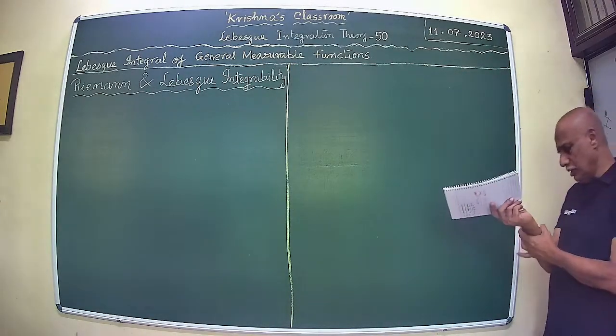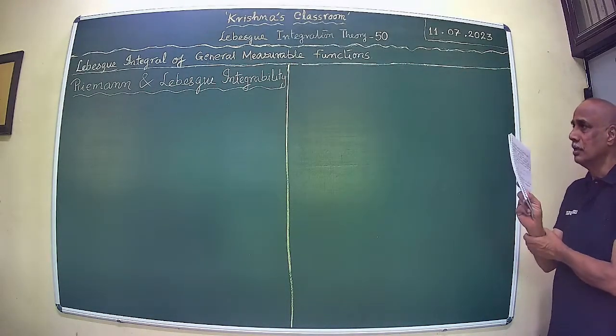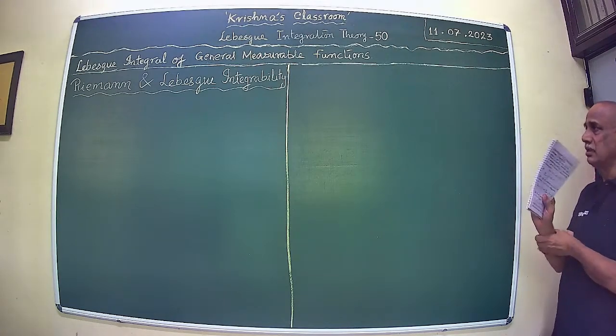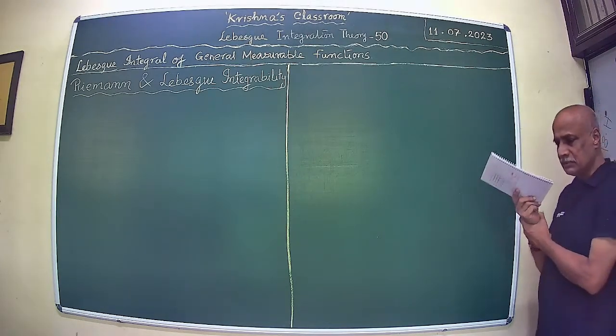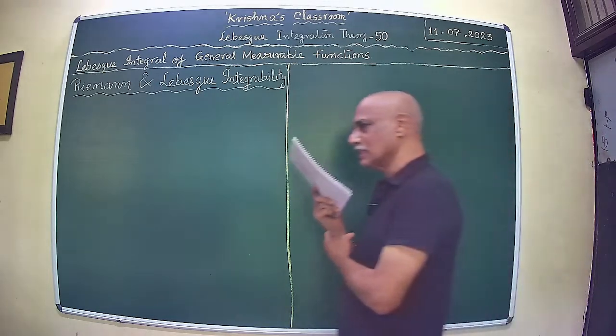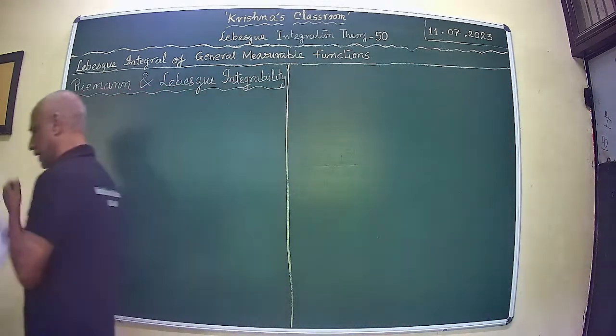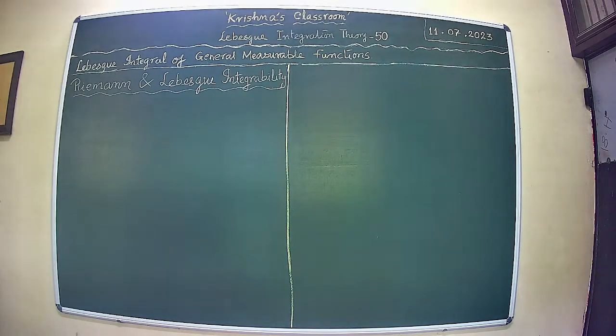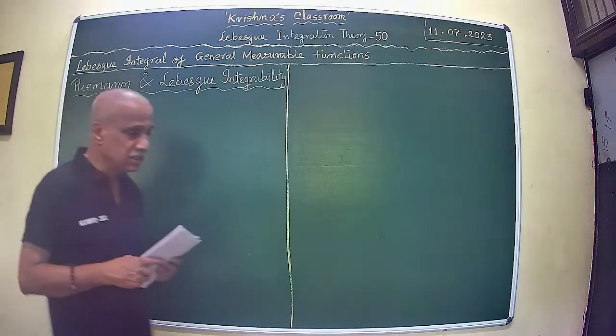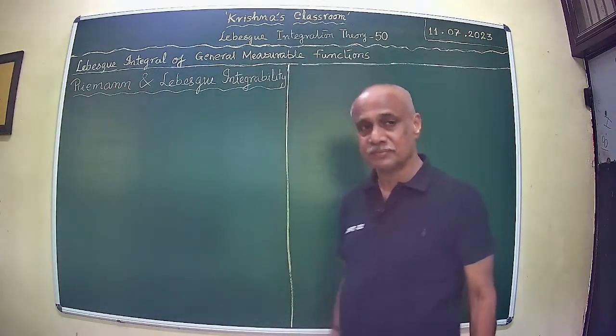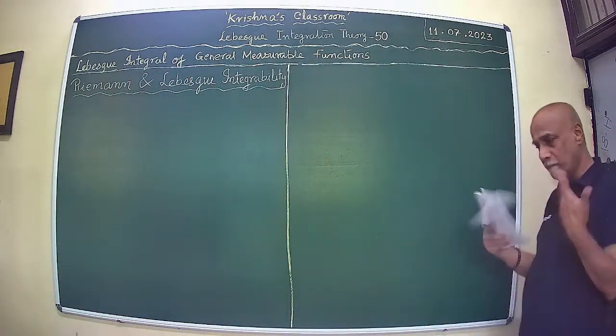Now, if you carefully examine the track of Lebesgue integration, then you see that we have more or less followed the same track. But now we improved the scope of subdivision of the set, that is, the domain of the function.